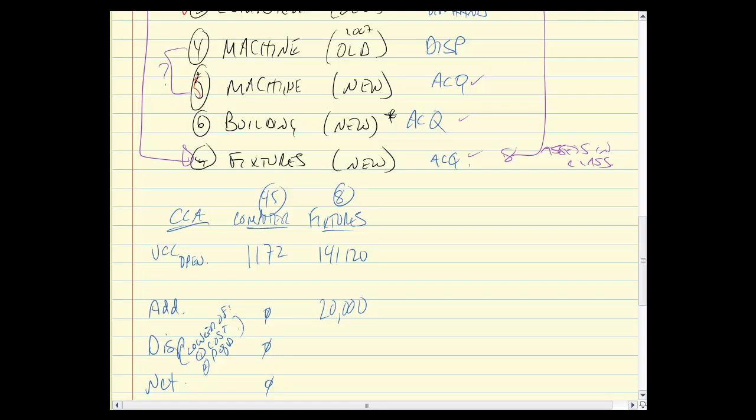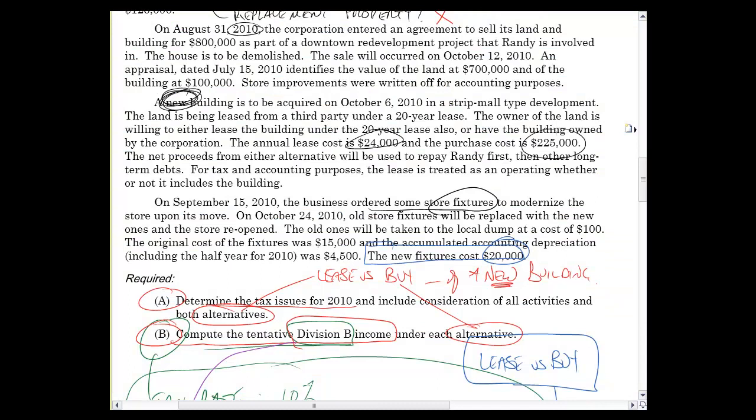That's what leaves a class when we sell an asset. So, what did we sell? It tells us that the old store fixtures, which are in our beginning balance, will be replaced with the new one. Oh, there's that word replaced, but we're not going to walk down that road again. The old ones will be taken to the local dump at a cost of $100.